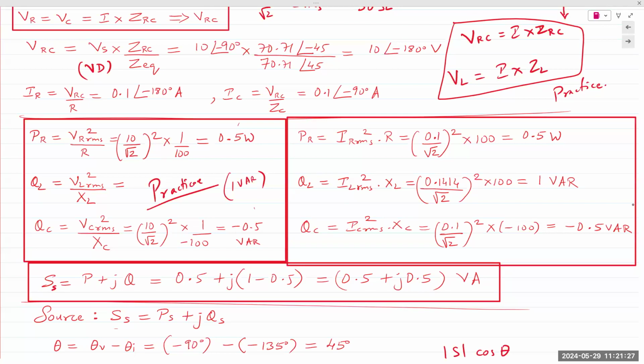When we sum up the total reactive power in the system, all the inductors will have positive Q, all the capacitors will have negative Q. In real life, obviously, there is no positive or negative. It's simply the mathematical notation, right? So plus 1 and minus 0.5 gives you a total of 0.5 plus J 0.5.